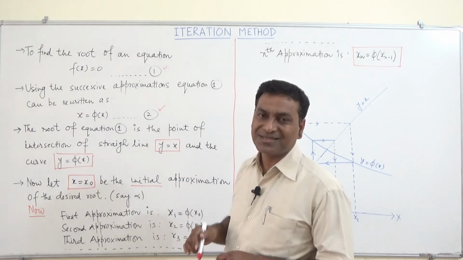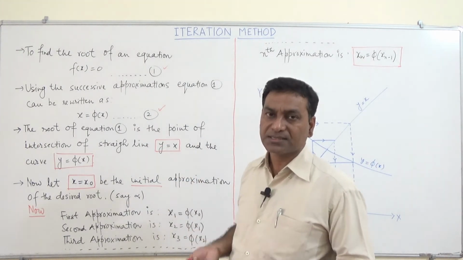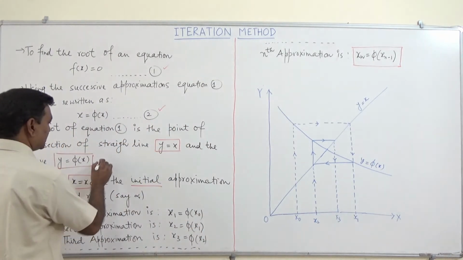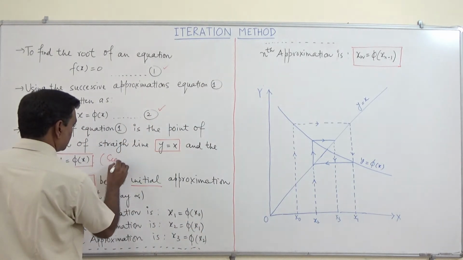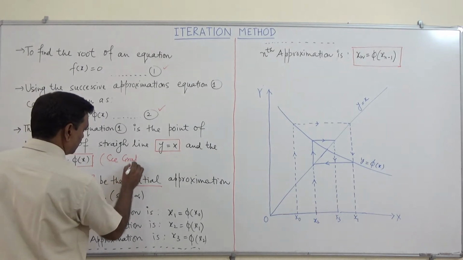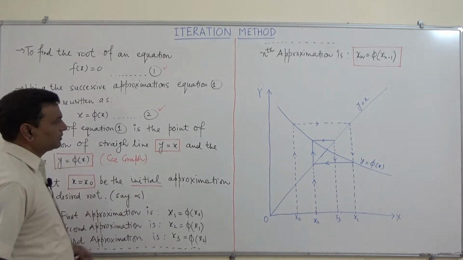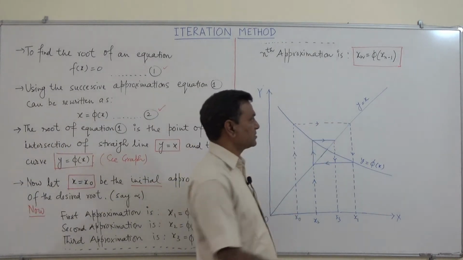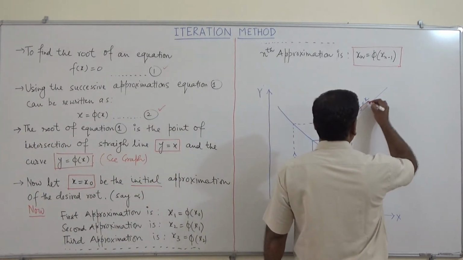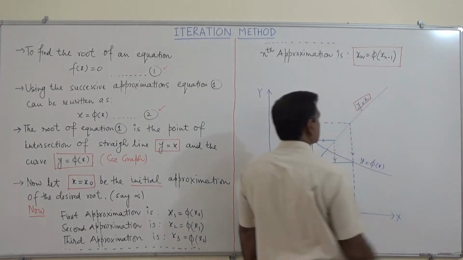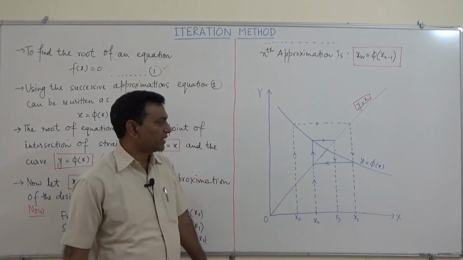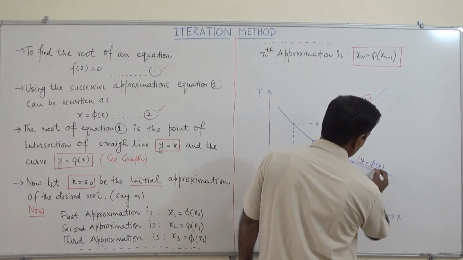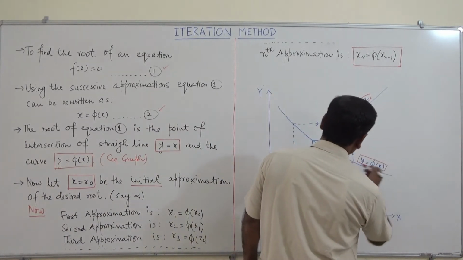The desired root will be the intersection point of these two equations, y equals x and y equals phi(x).